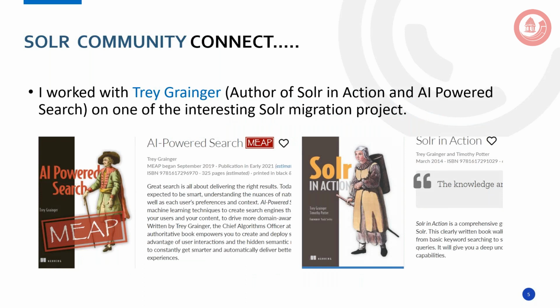So I will start with Solr, with a little more introduction from my side. If you are working on Solr, you must have seen these books, AI-Powered Search and Solr in Action. These books were written by Trey Granger. I was lucky that I got a chance to work with this guy. He was very helpful, and we worked on a project for Solr migration.